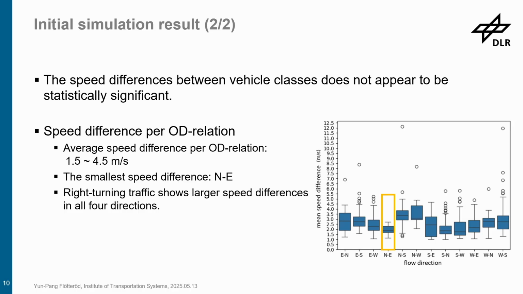In contrast, we see that the right turn traffic has greater speed differences across all 4 directions. The possible reason, we think, could be that there is less interaction between vehicles, pedestrians, and bikes in the simulation. That means perhaps we need to recheck if the pedestrian classification is okay, or maybe we're missing something.